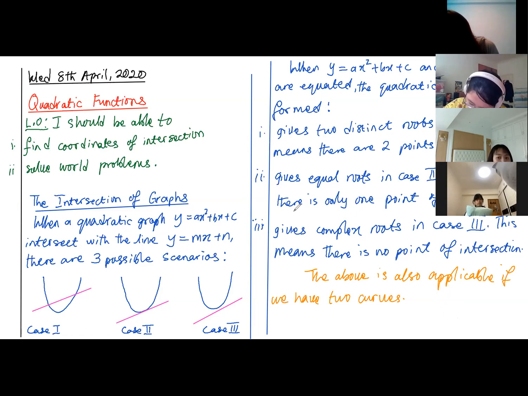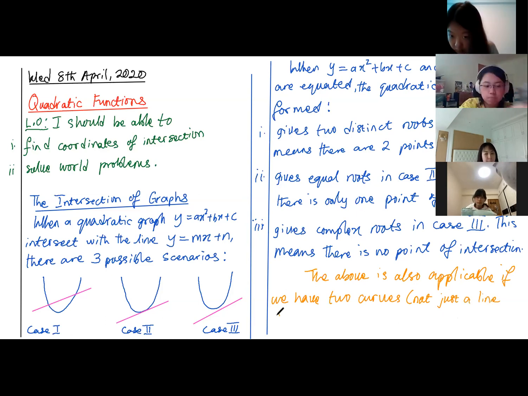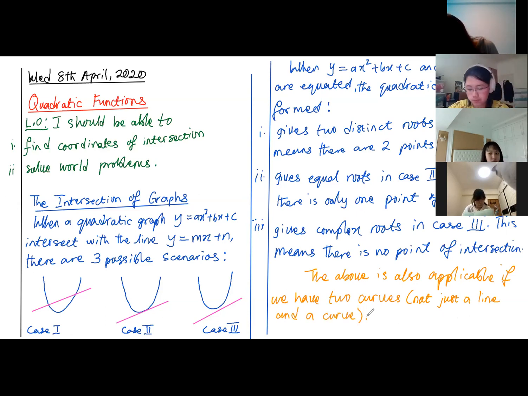So it's not just about a line and a curve, it is also applicable if we have two curves. So I put in brackets, if we have two curves, not just a line and a curve, because our picture only shows a line and a curve.